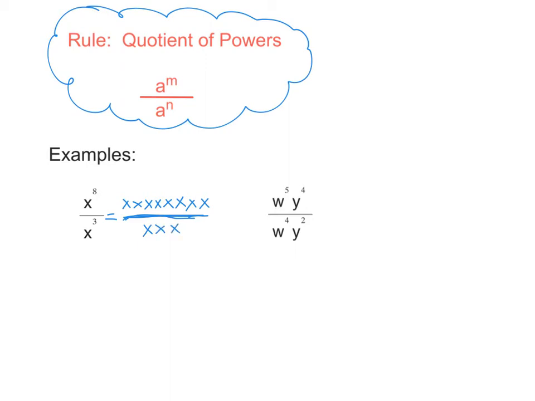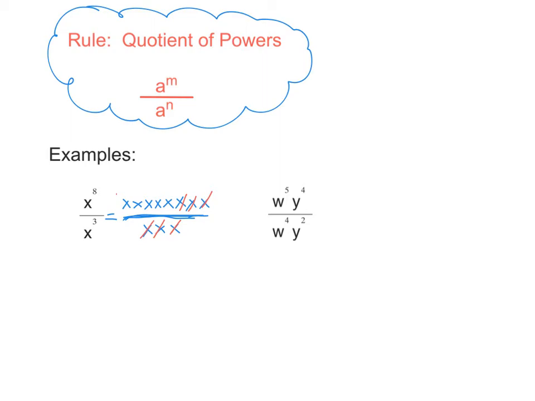Now, if you think about how with a fraction you can always cancel out, or what's called make a 1, a factor in the numerator, the top, with a factor in the denominator, the bottom, we can cancel out or make a 1 3 different times, meaning x divided by x is 1, x divided by x is 1, and x divided by x is 1. So we've canceled those 3 x's out.